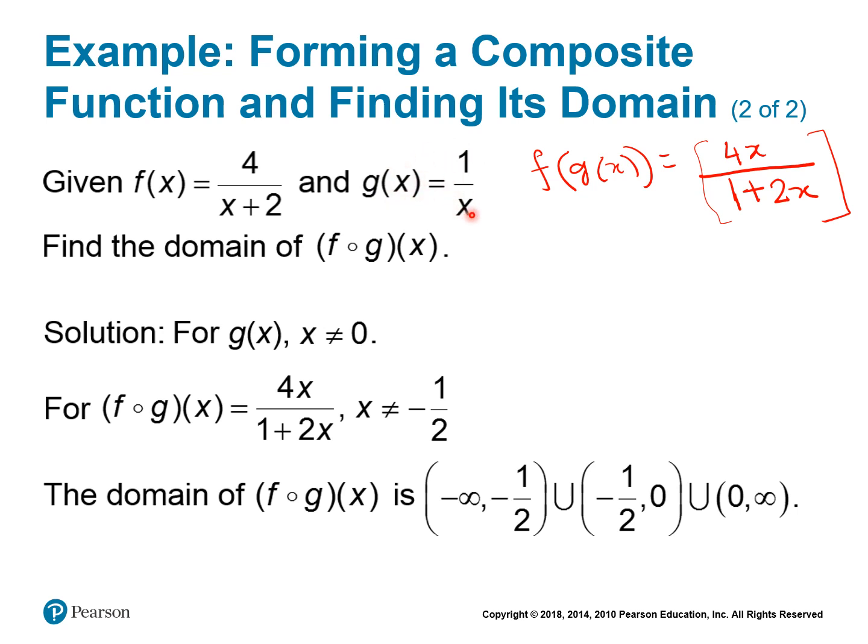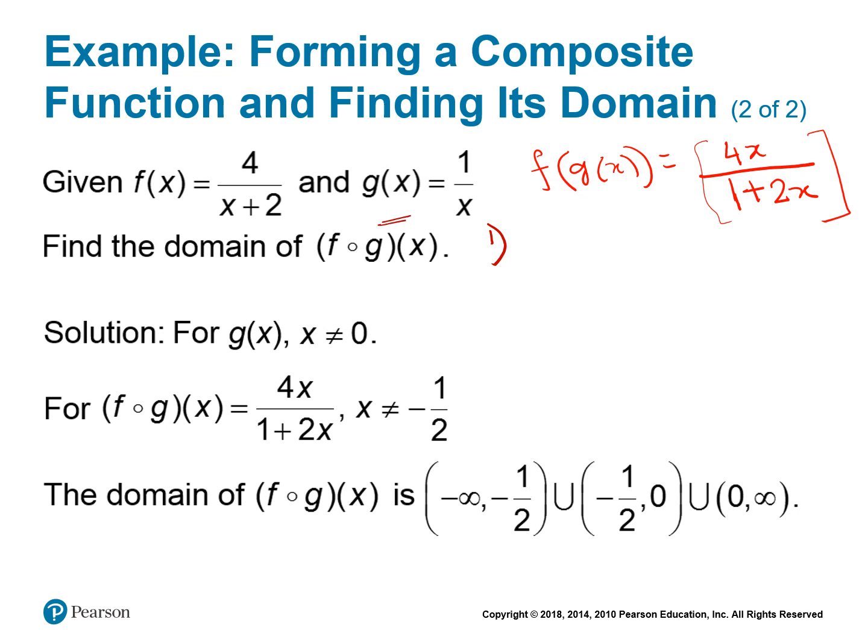All right, were there any x values that we had to exclude in just the g of x function? Yes, we had an x in the denominator. X cannot be 0, so 0 had to be excluded. So we have to figure that out first. In the input function, were there any exclusions in the domain?